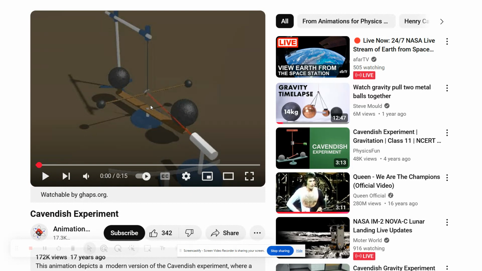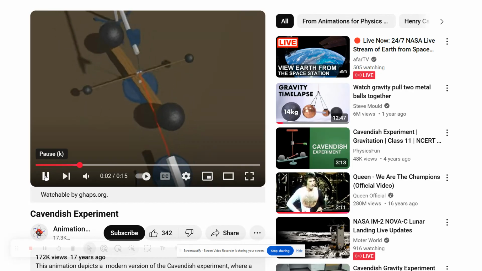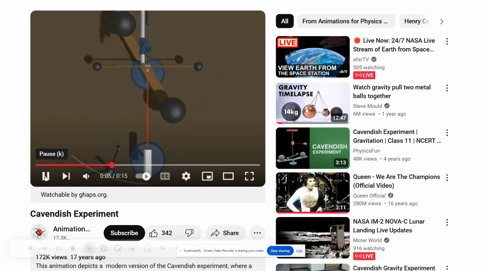So again, the idea, he's using a laser. He's got one bar with a couple of objects on the end of it. It's on a swivel, so things can move around a little bit. As he brings these things relatively close, those masses attract the other things, causing them to twist a little.